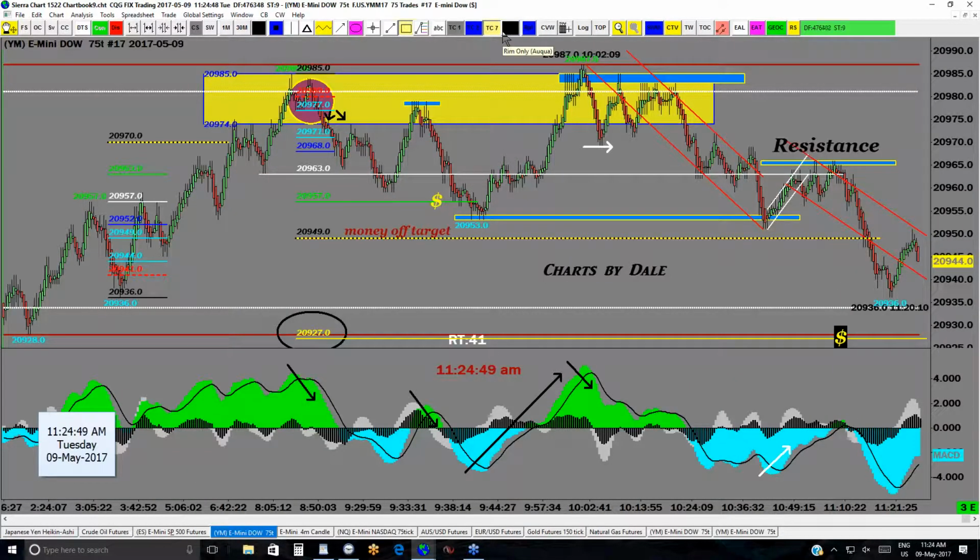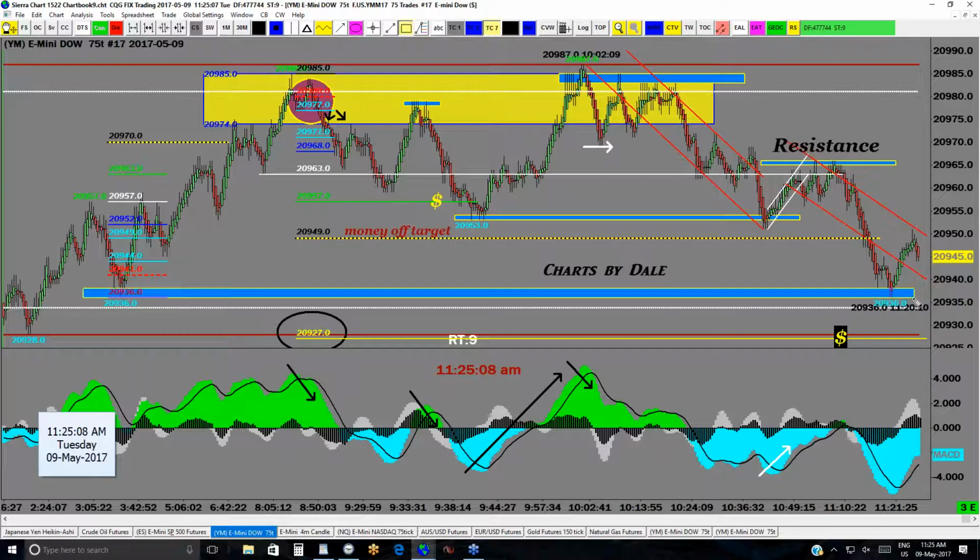So here on our YM, the market has run back up into that trend direction to the downside. What happened on the downward move is when we look left, the market came right into that support area off of the prior swing 20936.